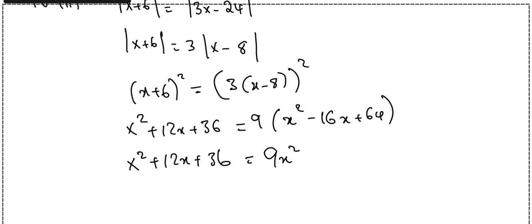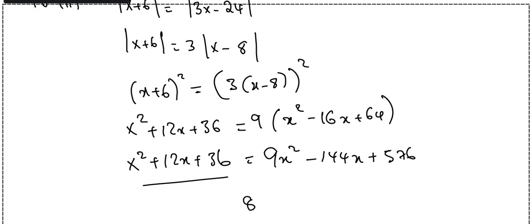Then we are having 9 times 16. That's simply 144, so we're having 144x. Then plus, we're having 9 multiplying 64. That's 576. Then from here, we can take everything to the other side.